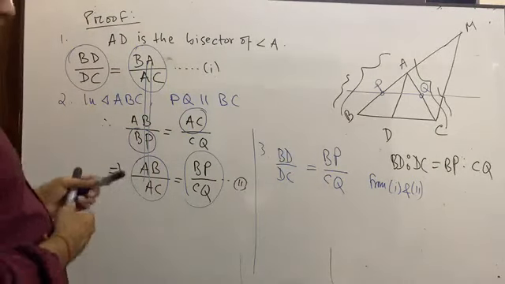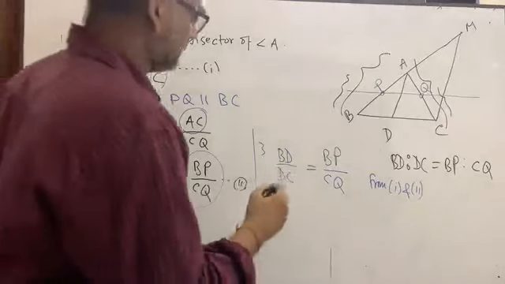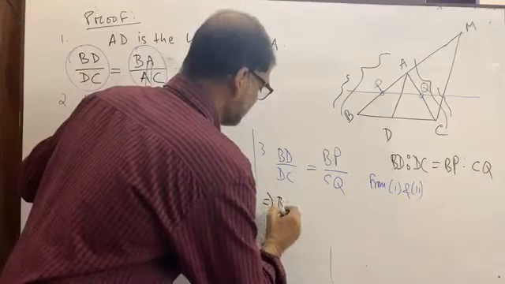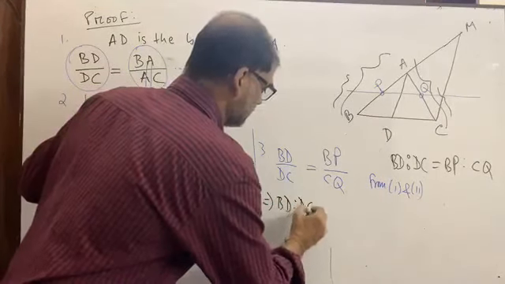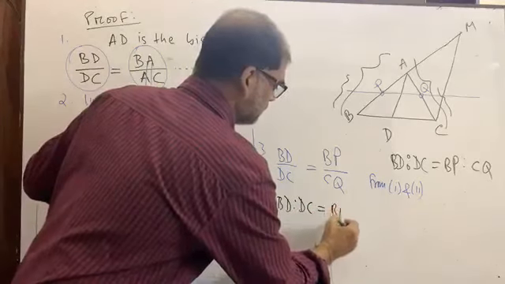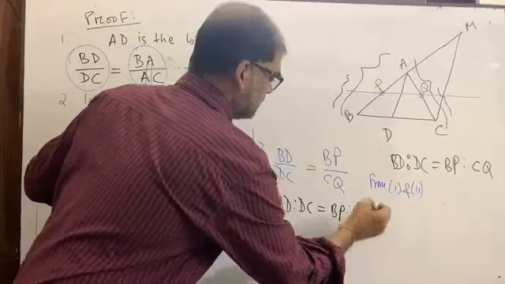That means BD is to DC is equal to BP is to CQ, and it is proved.